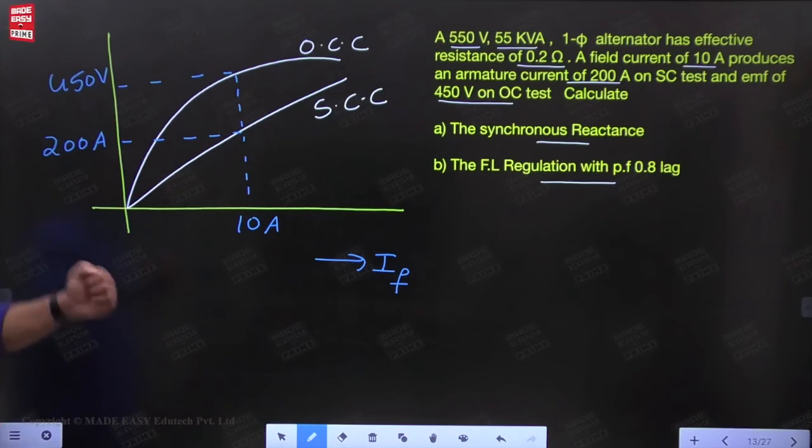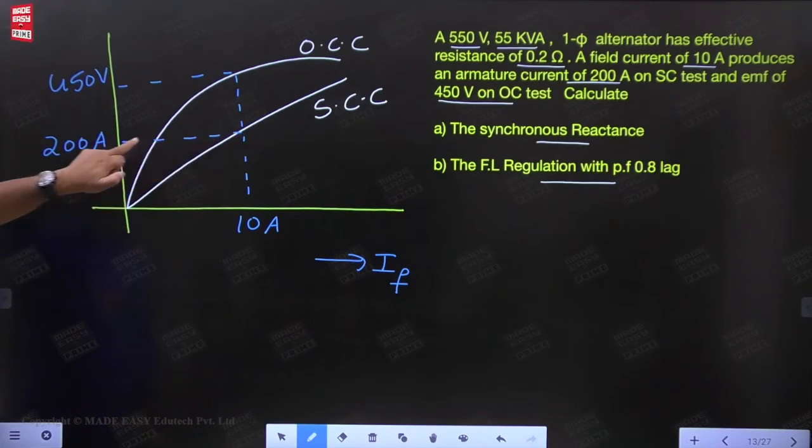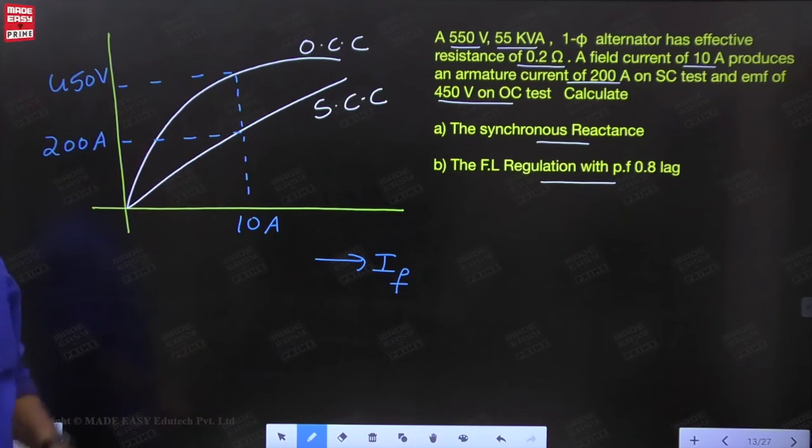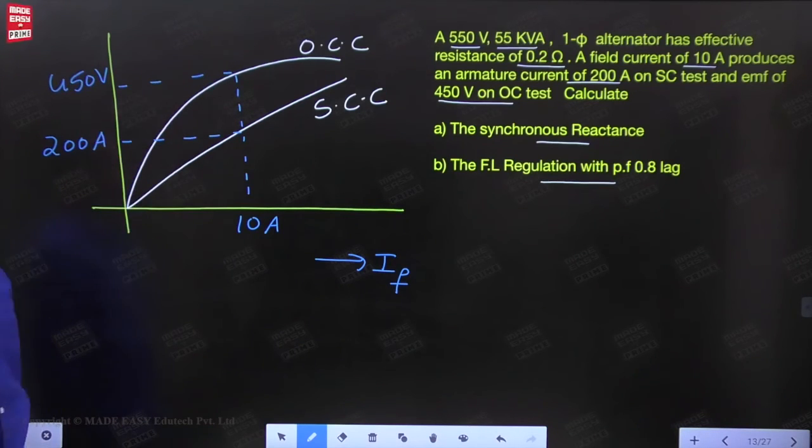For a field current of 10 amperes, the short circuit current is given, which I am indicating from the SCC, and the open circuit voltage is given, which I am indicating from the OCC.